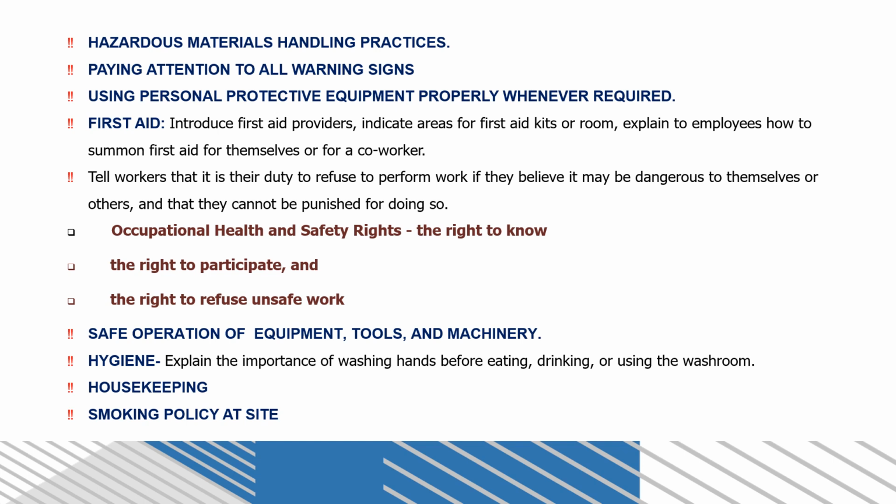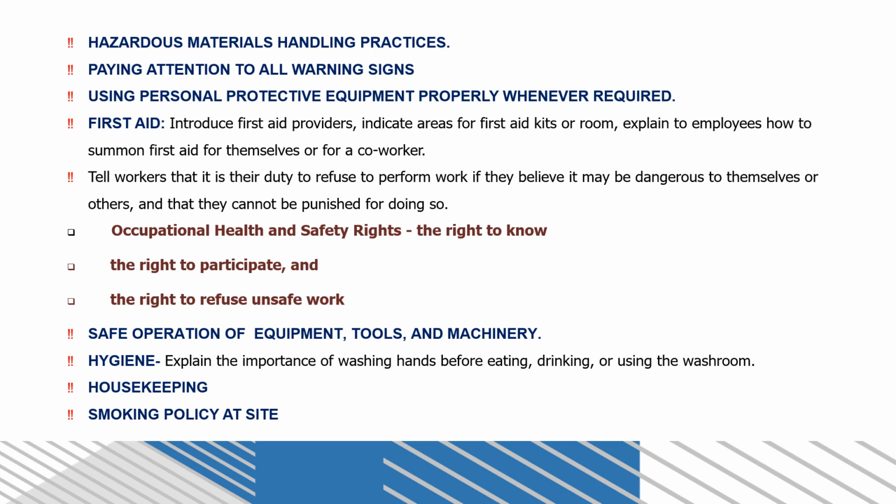Next is to tell them that it is their duty to refuse to perform work if they believe it may be dangerous to themselves. If any worker has been assigned a work, and that particular employee observes and thinks that this work might be dangerous for me, because maybe I'm not experienced with this activity, or he finds any tools defective, or maybe that work is related with chemicals, and that person does not have the proper PPE related to chemical handling and usage.